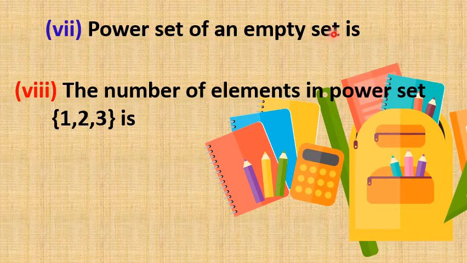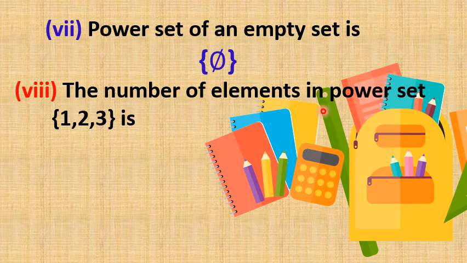So phi will be the answer, but because a power set is a set, we will enclose it within curly brackets. So the correct option would be this one, not just phi. The phi within curly brackets will be the power set of an empty set. I hope this is clear.